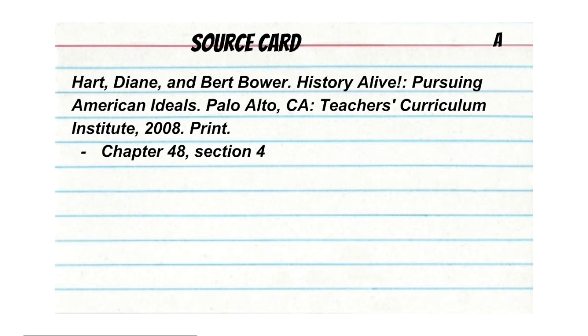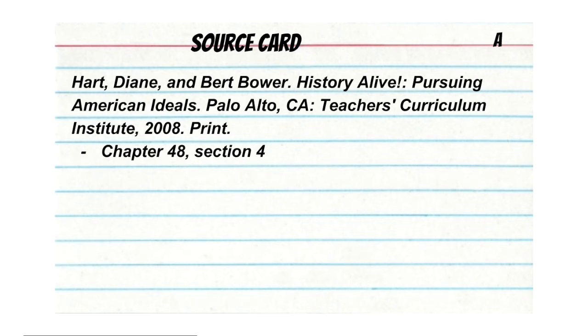For example, here you see I have taken the bibliographic citation for our textbook and I have identified it as source card A. For my topic, JFK's assassination, I'm going to the book and I'm using chapter 48, section 4.